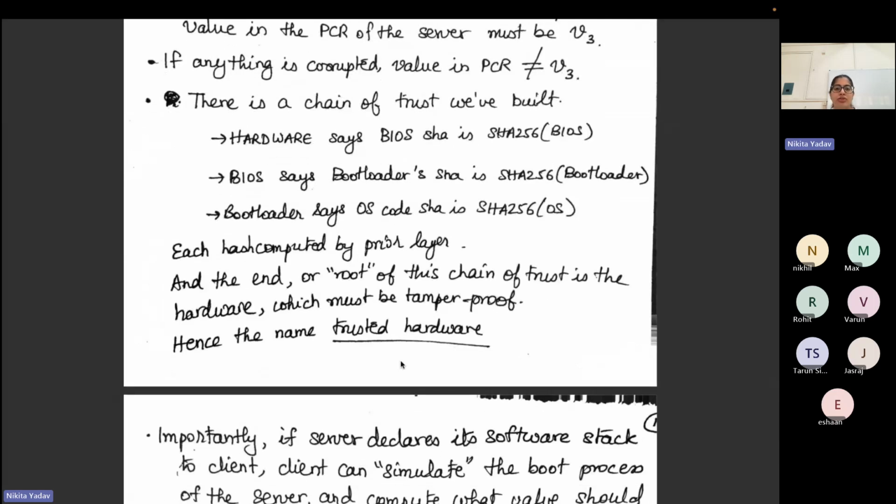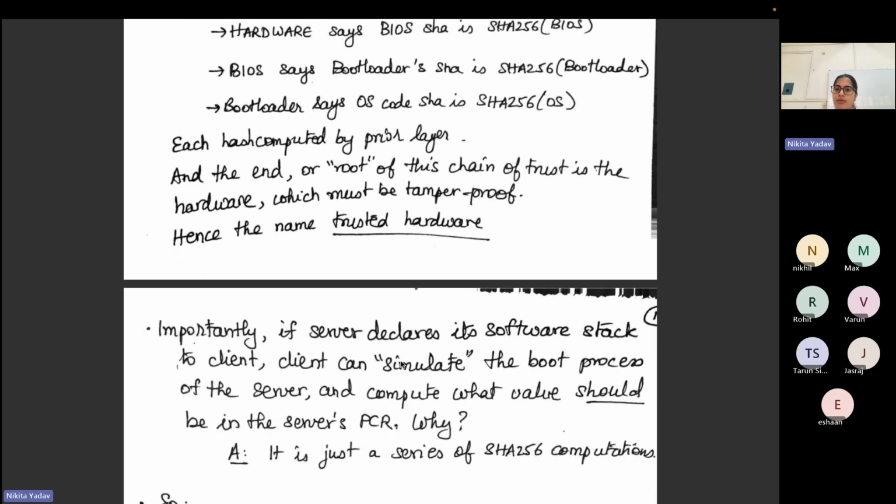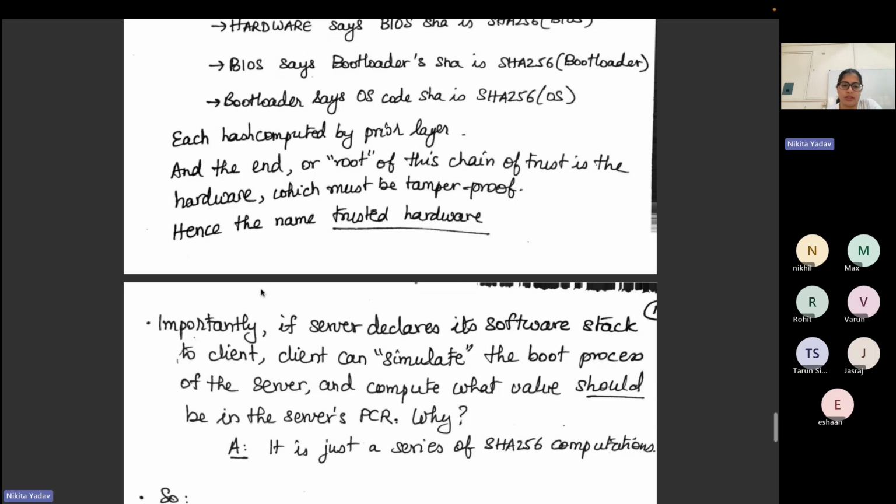There are two components: the prover generates a proof, then the verifier does the verification. So there are two steps in attestation. The first step we covered was how to generate the proof of the software stack. Now we are going to look at how the client takes this proof and verifies whether it's true or not.